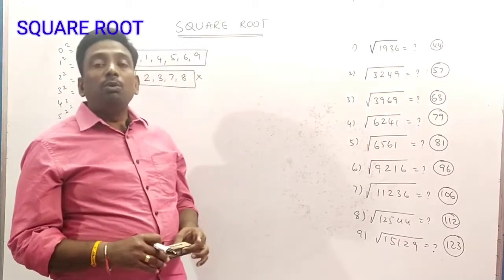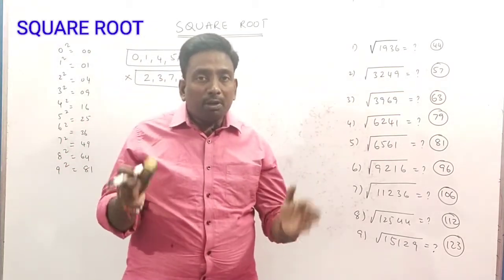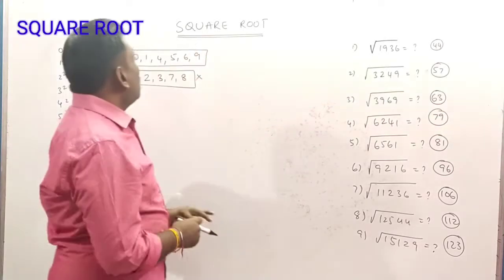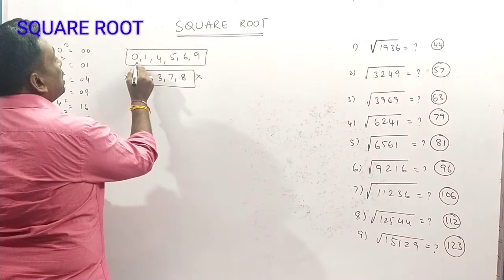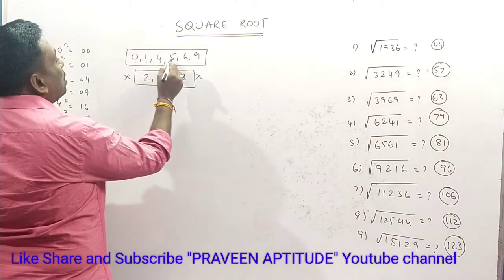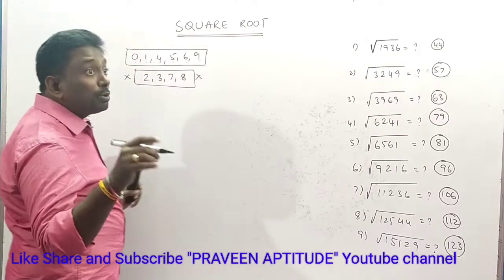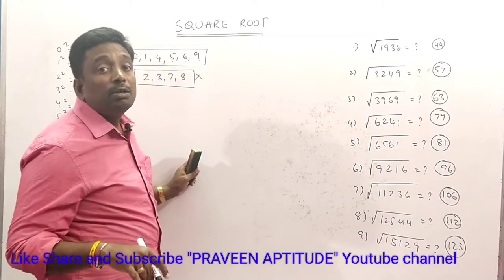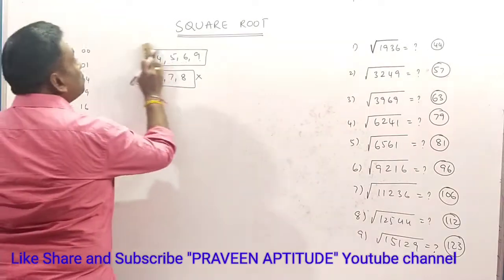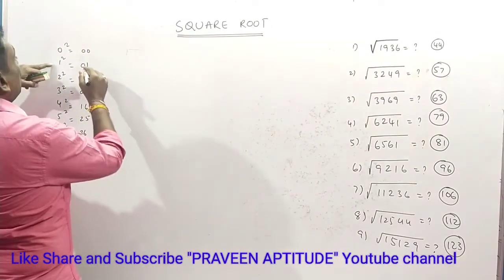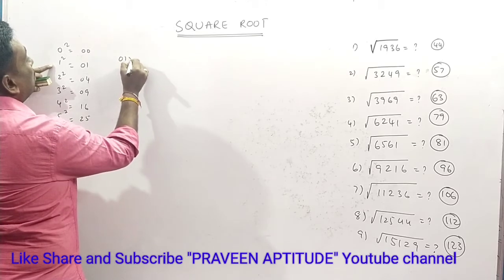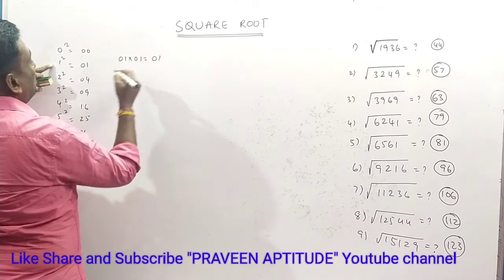Now, I will tell you how to find the square root of the numbers if they exist. Here, I am saying that if last digits are either 0 or 1 or 4 or 5 or 6 or 9, for those numbers only there is a possibility for existing of square root. If you observe here, in case of 1, 1 ones are 1.